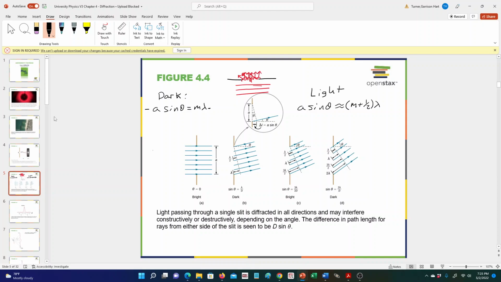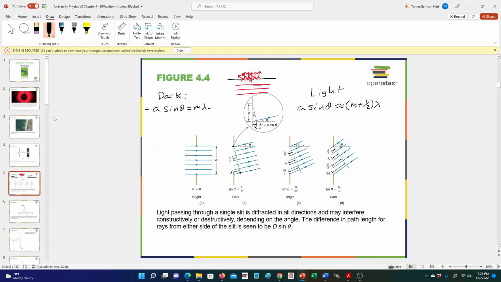So what's happening? Well, when the path length between your nearest ray and your furthest ray is a multiple of the wavelength of light used, then halfway between them, you have a ray that is out of phase by half of a wavelength.